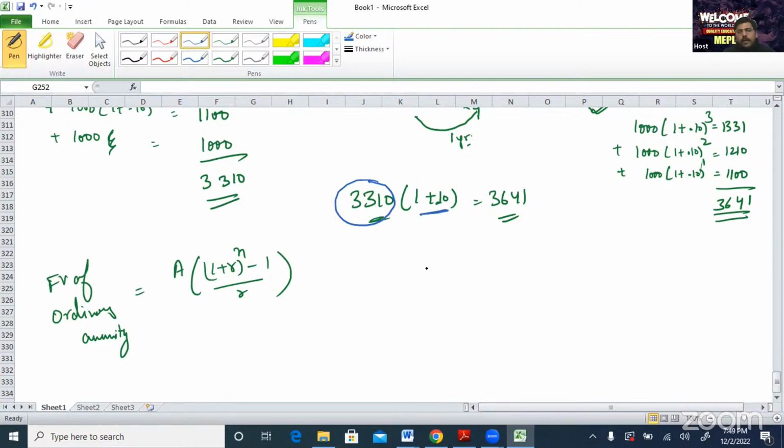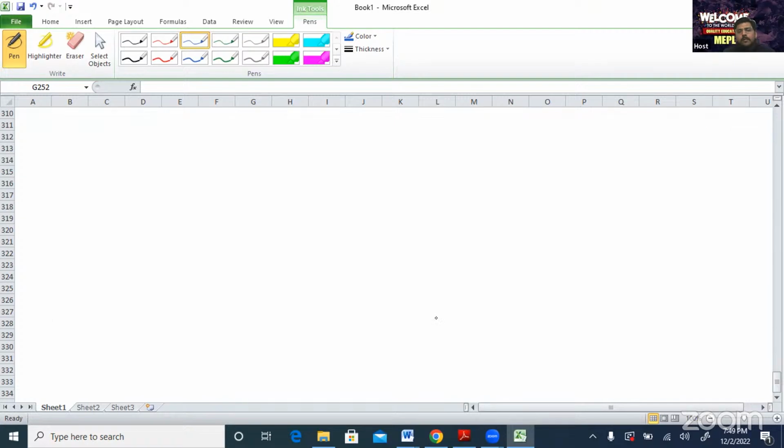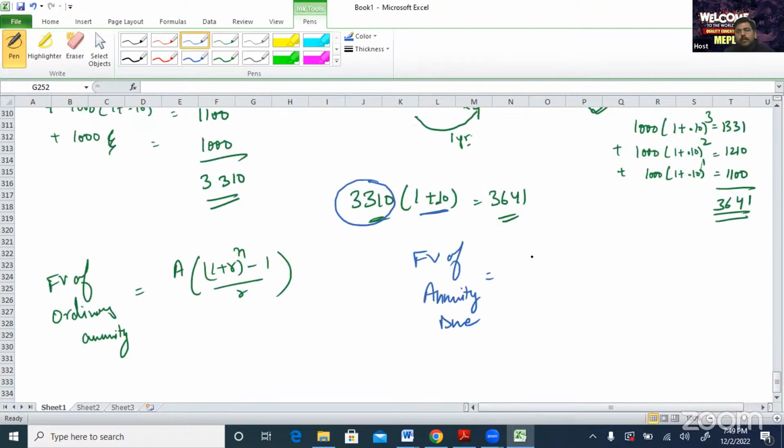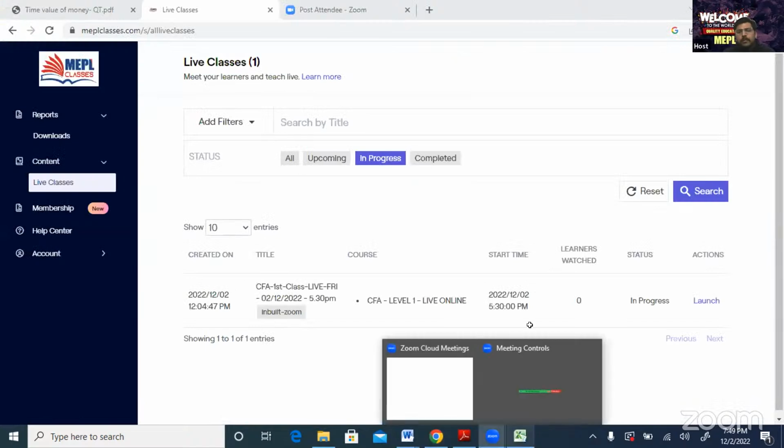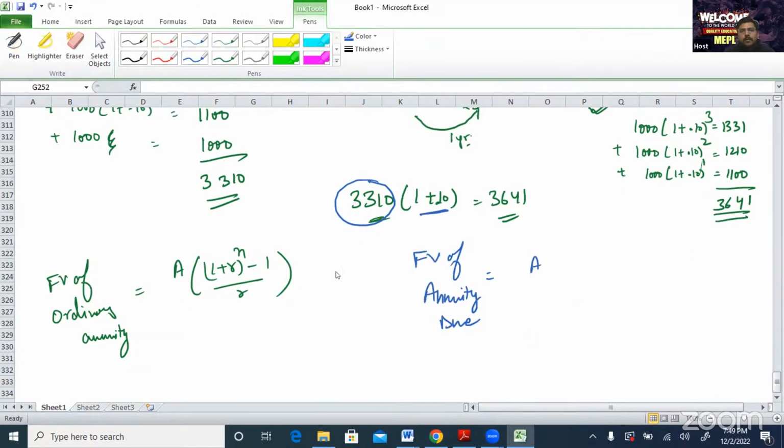So to calculate future value of annuity due, it will be A into 1 plus r raised to the power n minus 1 divided by r, and then I have to compound it for 1 extra period. So that is the formula of future value of annuity due. This is the concept of annuity, ordinary annuity, and annuity due.